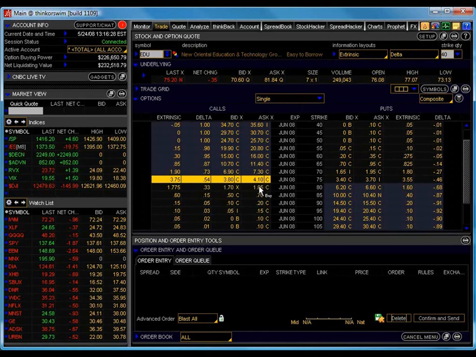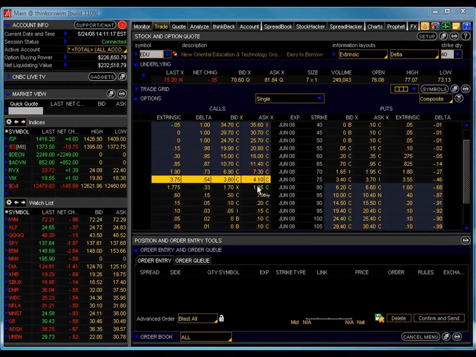Let me just give you an example of how you would enter that order. So the sale of a vertical spread involves the sale of an option and the purchase of an option, just like a regular vertical spread.